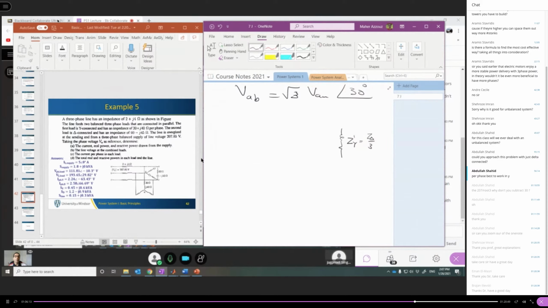The other load is star connected, so you don't need to worry about it that much. You just use its impedance. So the impedance of the second load is Z star. And then we have a line, and Z line is given. This is example number 5.